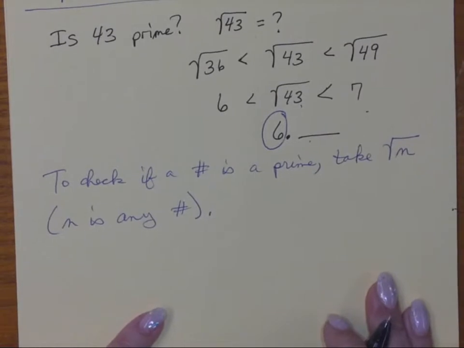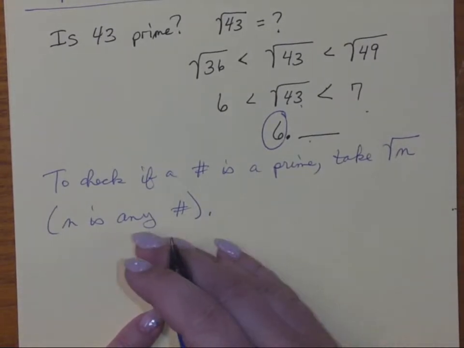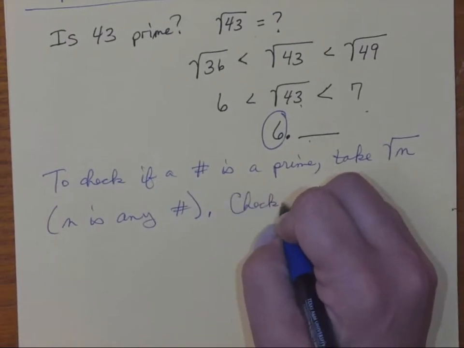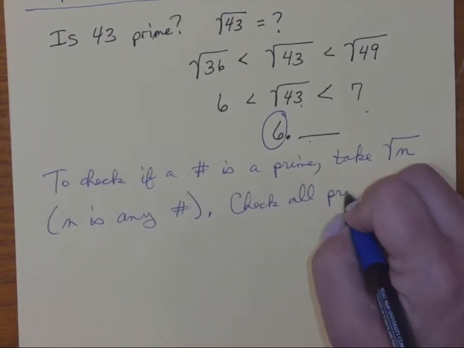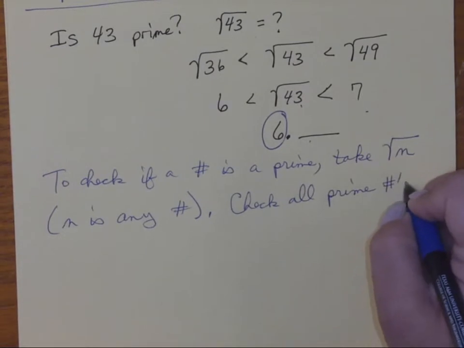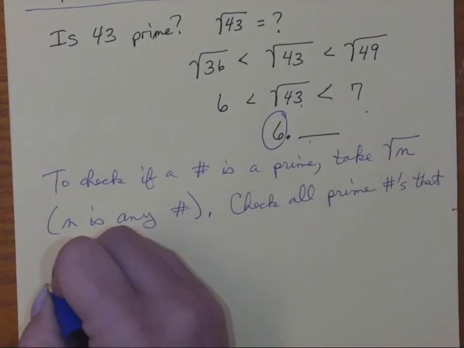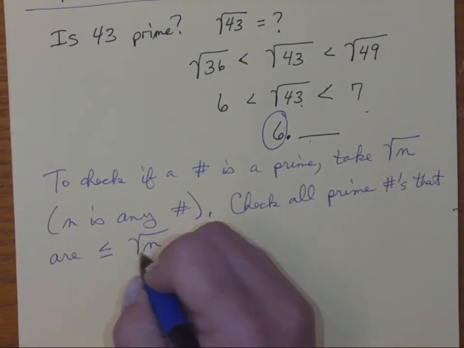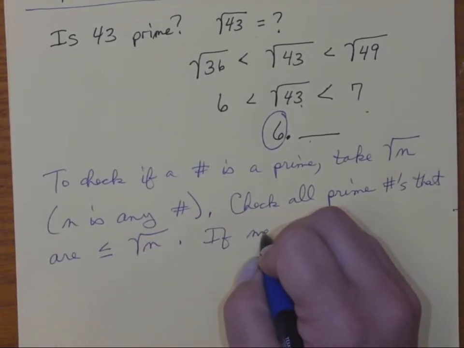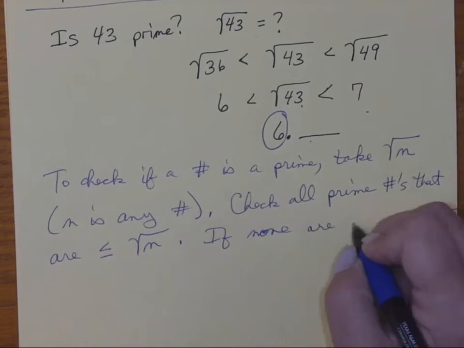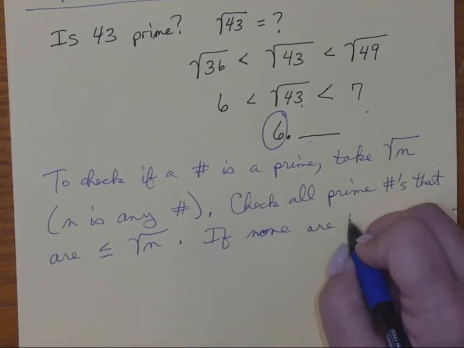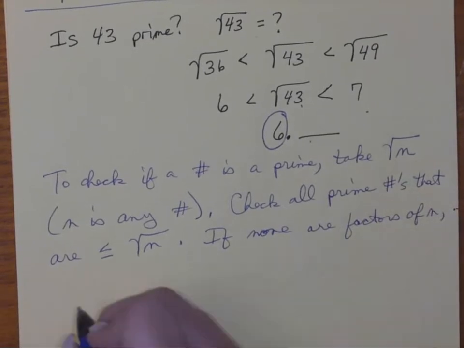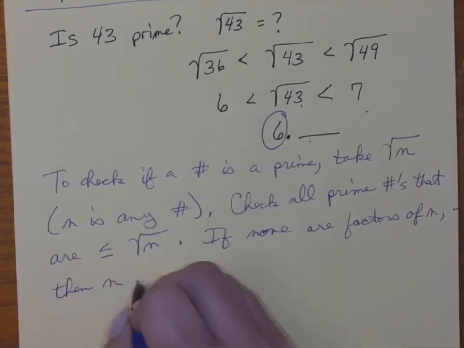So take the square root of that number, check all prime numbers that are less than or equal to the square root of n. If none of them are factors of n, then n is prime.